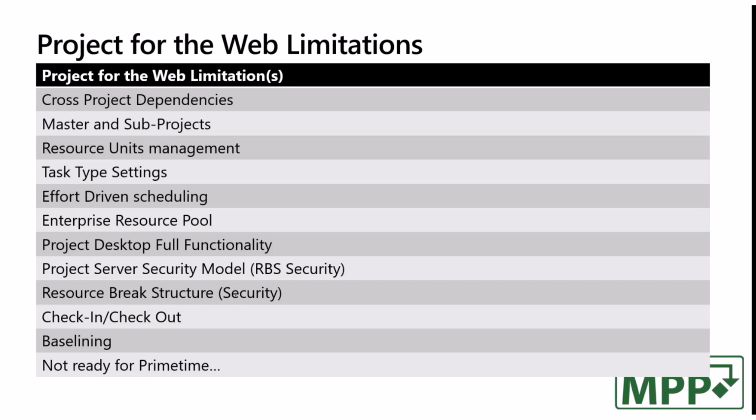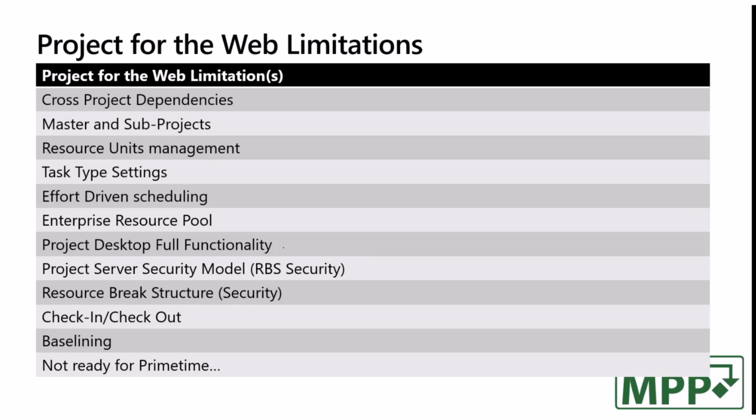Things like master and sub projects, things like task type settings. One of the big ones that stands out, that I know quite a few of our customers would not be very happy with, is the RBS security that's available in Project Online that we don't get in Project for the Web.